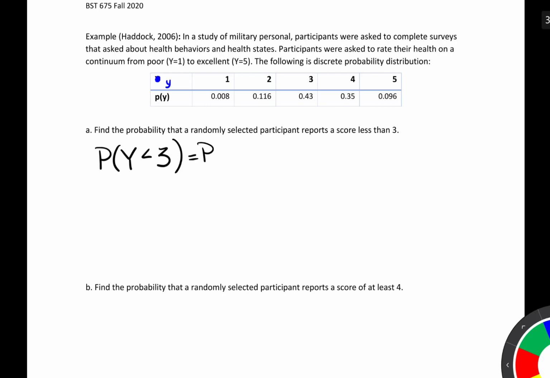So this is equal to the probability that y is equal to 1 plus the probability that y is equal to 2. Further, notice that y being equal to 1 or y being equal to 2, these are disjoint. There's no way that a person can score both. So this is why we're able to add these probabilities together.